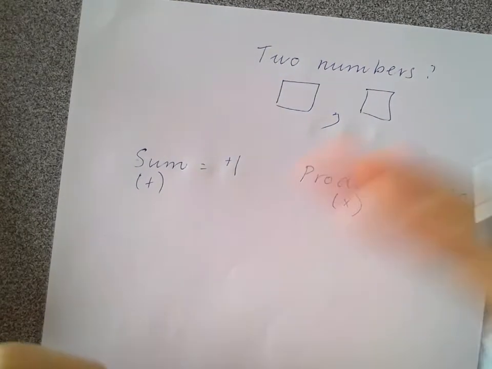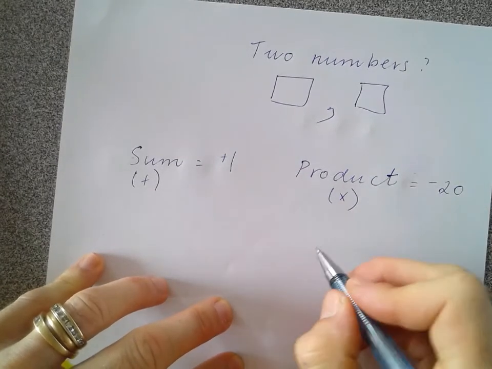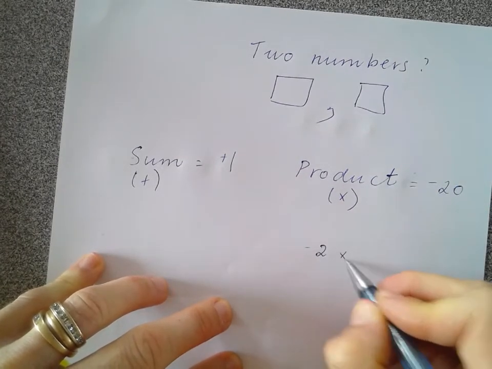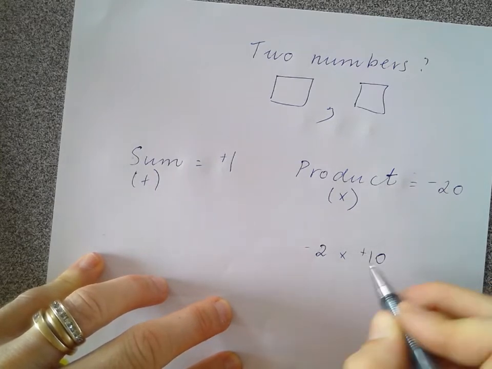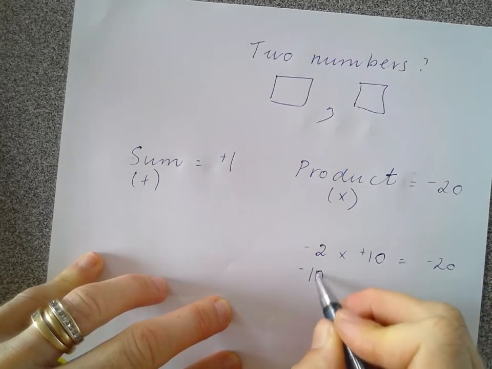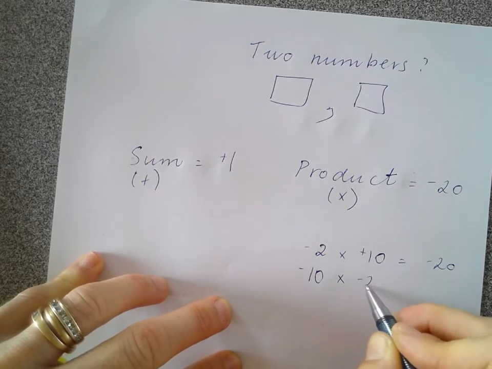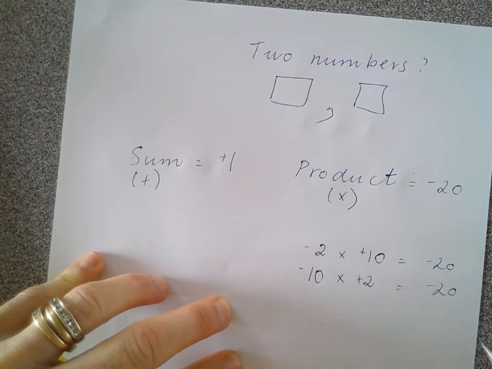So, like I was giving you the hint, I think it's easier to go with the product. We've got negative 2 times positive 10 will give us negative 20. I'll make sure I switch it this time, and negative 10 times positive 2 will give us negative 20.